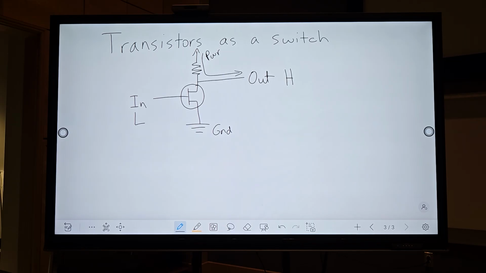They act as switches in different combinations and configurations to make the digital logic that is used in your cell phones, your calculators, your laptops, all those fun digital electronics. The use of transistors as a switch is very important. Of course, this is only scratching the surface of what transistors can do. There are whole books or semester-long classes just on transistors alone.